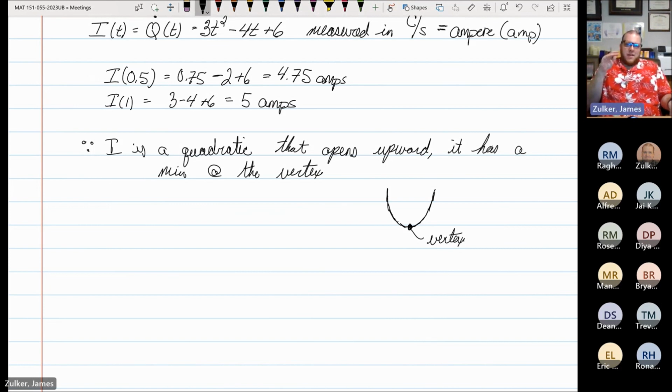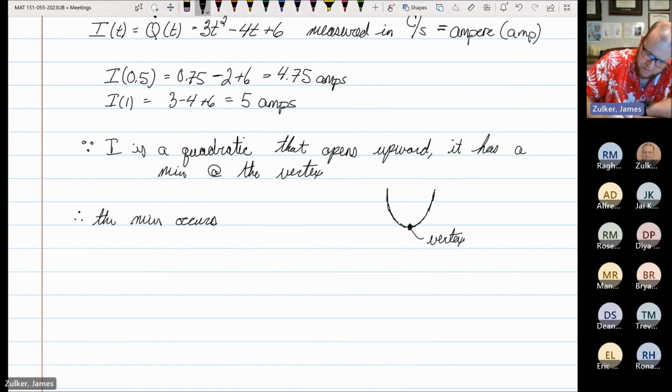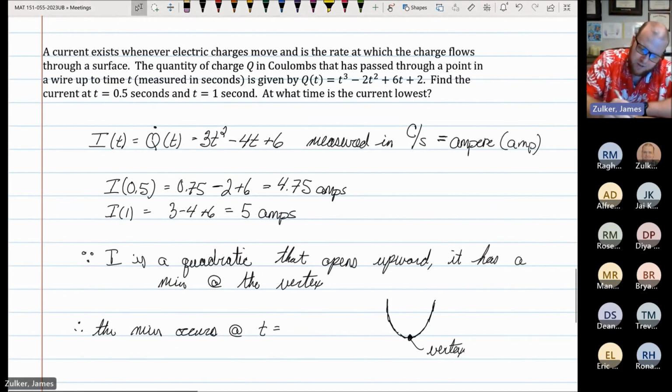In this case, we have a t coordinate. We have a t-axis and an I-axis. The t would be the x, the I would be the y. The min occurs because they're asking for what time it occurs.